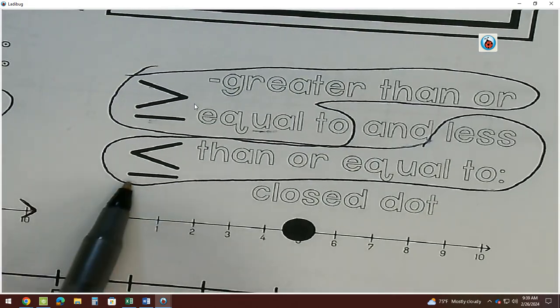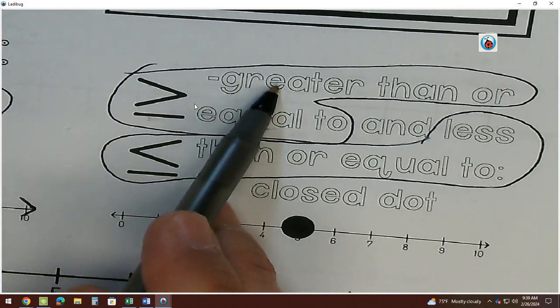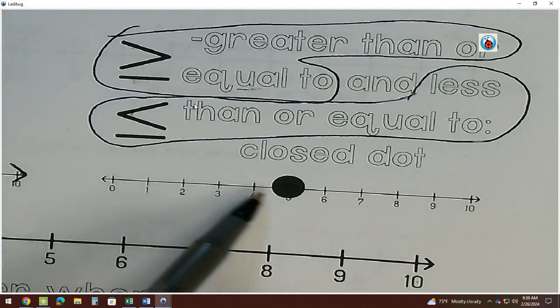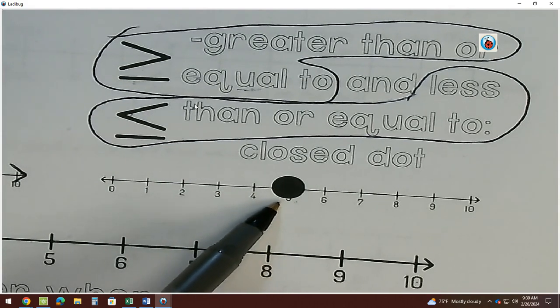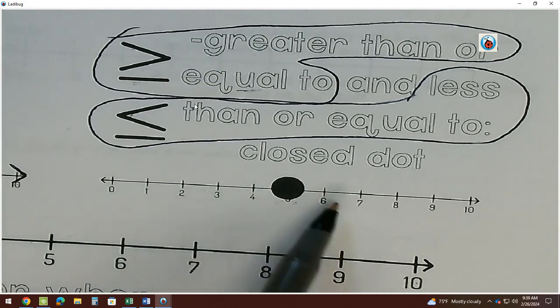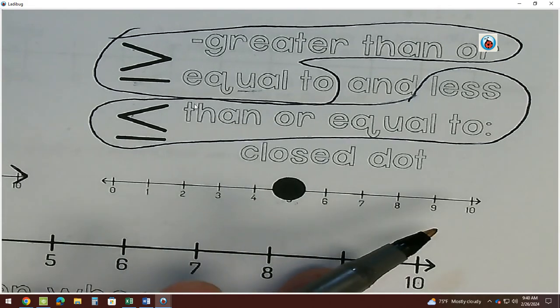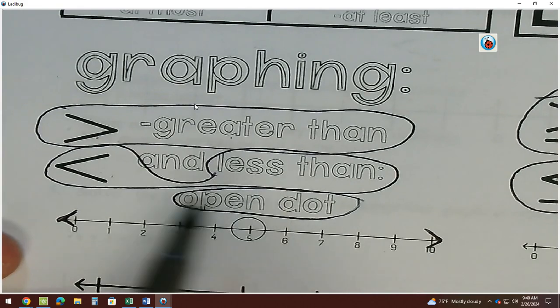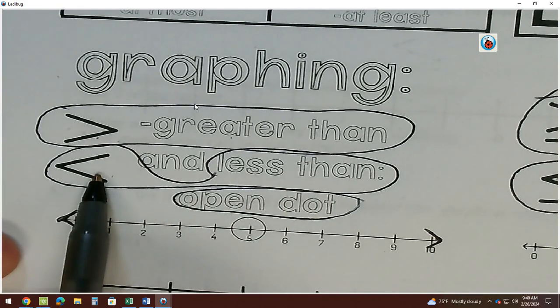So I'm going to put this together. Okay. So this is a less than or equal. This is a greater than or equal. And these symbols are graphed with a closed dot. It's called a closed graph. I'll explain what that means in a minute. Questions? The difference on this side is that this one is only greater than and less than.